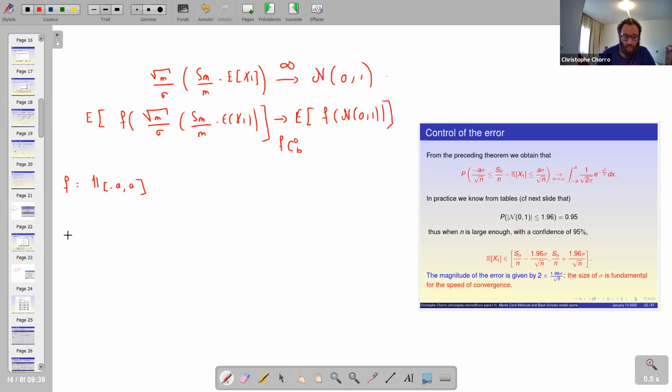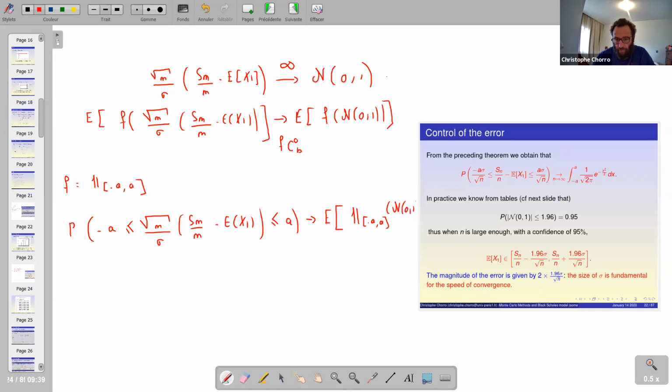I will obtain that the probability that square root of n over sigma, Sn over n minus the expectation of x1, is greater than minus a and less than a, converges toward the expectation of the indicator function between minus a and a of N(0,1).